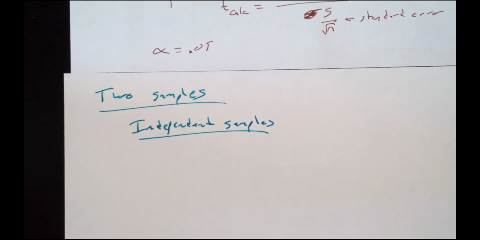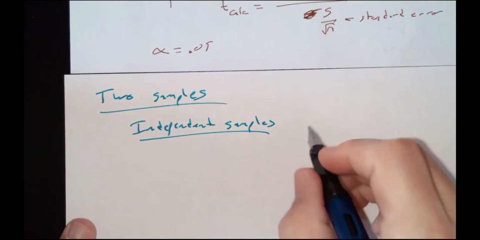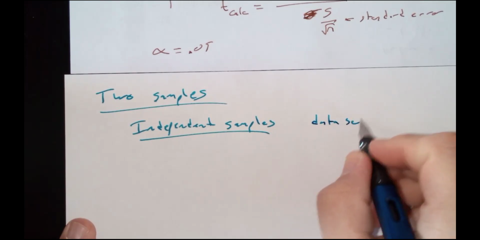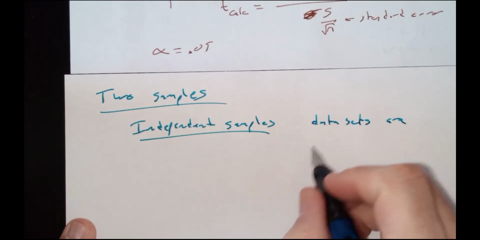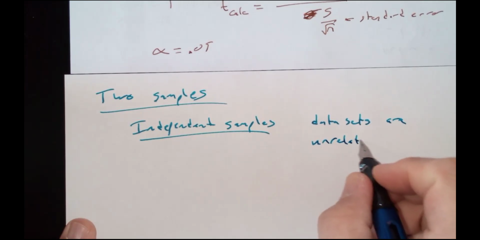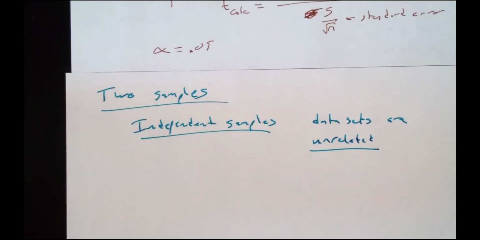If I have independent samples, what does independent mean in this case? Well, it means the 2 data sets are separate. They may or may not have anything in common, but they certainly aren't in direct connection with each other. I really like the store 1 and store 2 idea here.